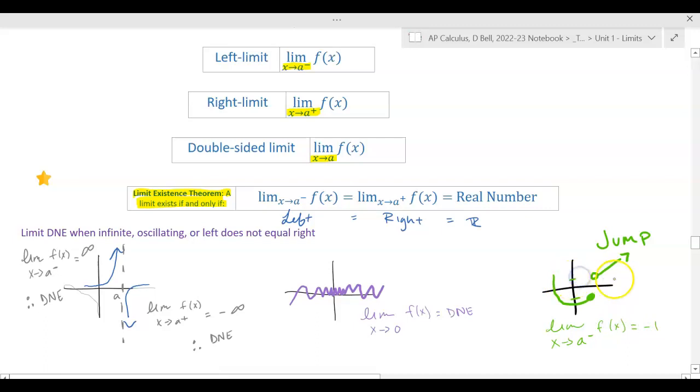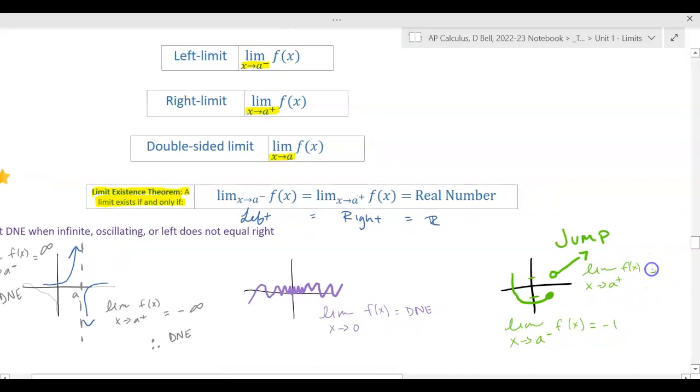And the limit from the right is going to approach the positive y value. Let's call it +1. So the limit from the left does not equal the limit from the right. We see these in piecewise functions, and this is called a jump.